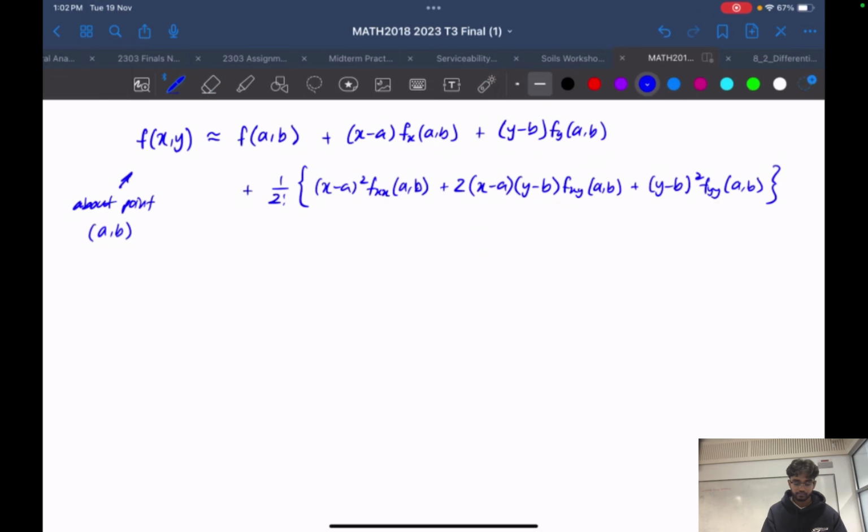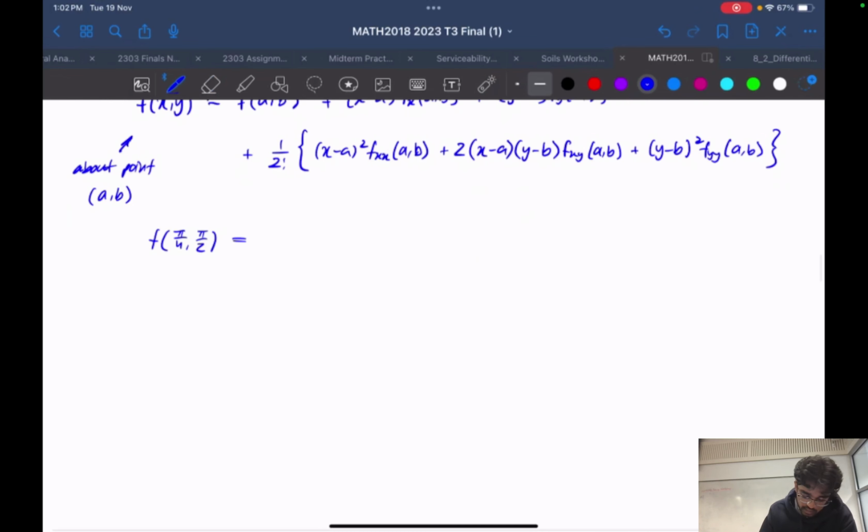Okay. So what I like to do for these Taylor series questions, I like to make it quite organized. So f(a, b), or in our case, f(pi on 4, pi on 2).